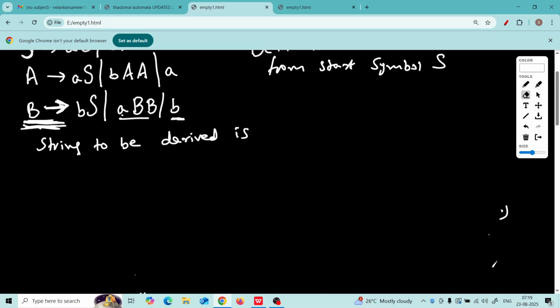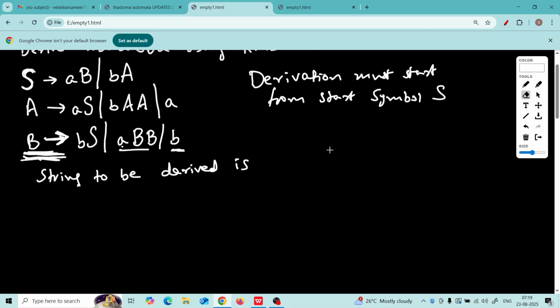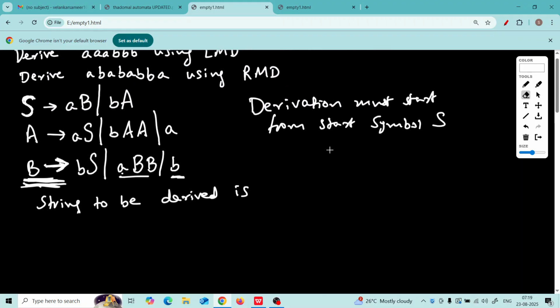Okay, which is the string we want? Here we go. We want ABA, BAB, BA. Correct? This is the string using RMD. And remember, the derivation must start only with the start symbol. Correct?